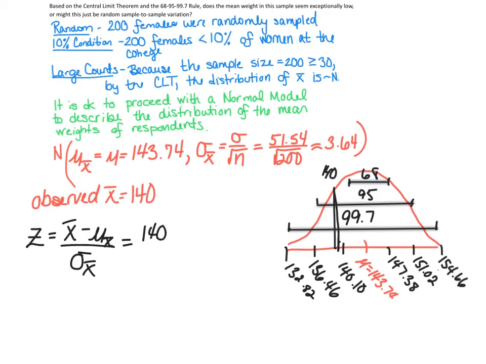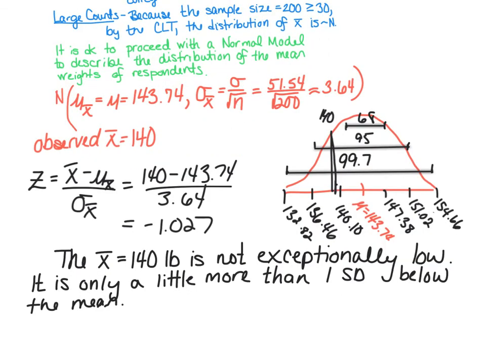So 140 minus 143.74 divided by 3.64 gives me negative 1.027. So a little more than 1 standard deviation below the mean. So definitely not exceptionally low. So the mean of 140 pounds is not exceptionally low. It is only a little more than 1 standard deviation below the mean.